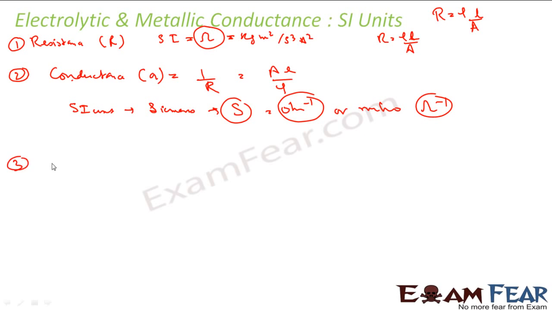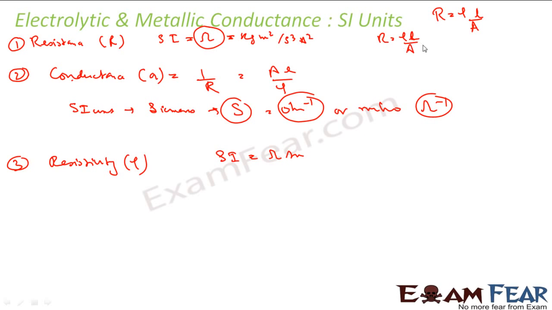Third, we have resistivity, denoted by rho, this value rho. This is also called specific resistance, right? And this SI unit is ohm meter. We have seen that. Why? Because L by A is nothing but 1 by meter.